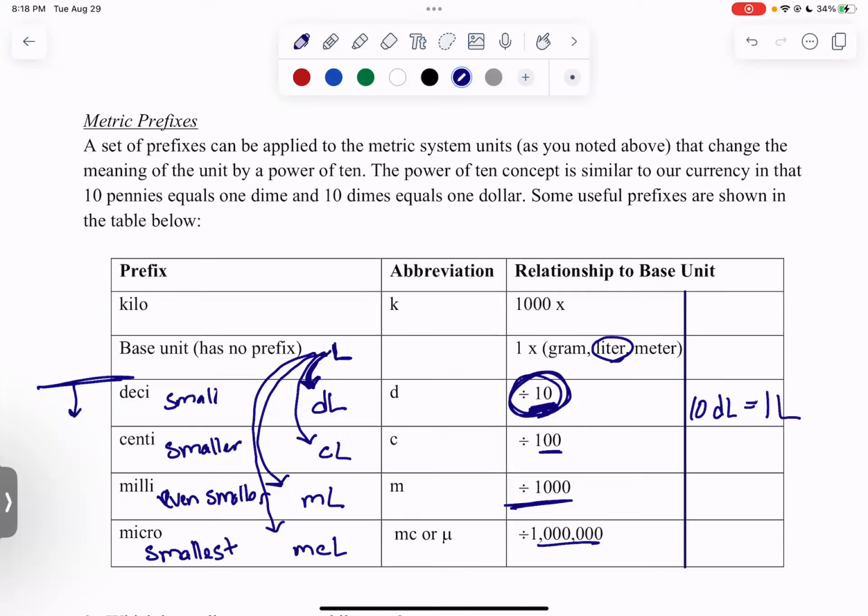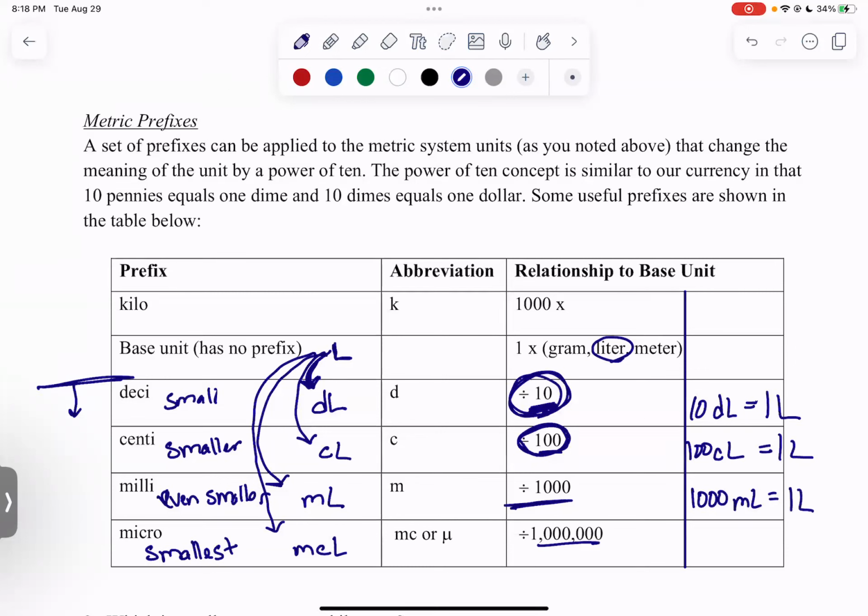Go to the next one. Go to centiliters. How many centiliters do you need in order to get to 1 liter? You would need 100 centiliters. Do it again. Go to milli. How many milliliters would I need? Oh my gosh, now I need 1,000 milliliters to equal 1 liter.